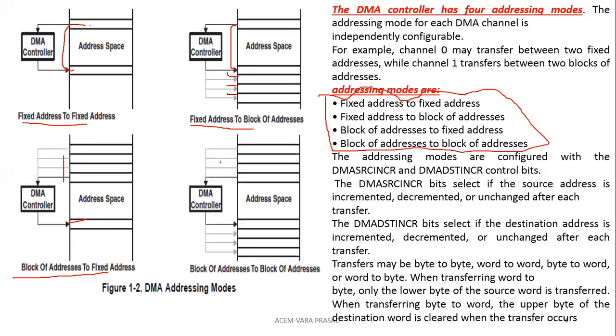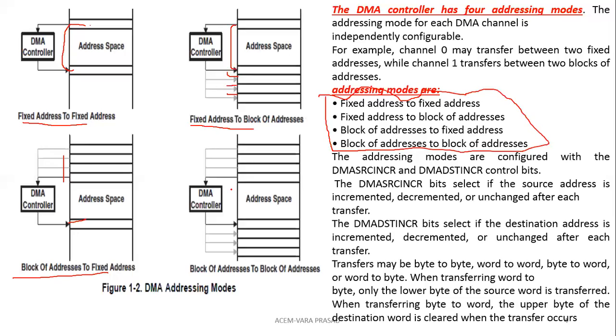And block to block means block transferred. So these are the 4 addressing modes available. The addressing mode means how the data can be stored in memory.